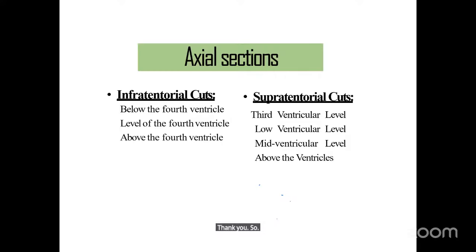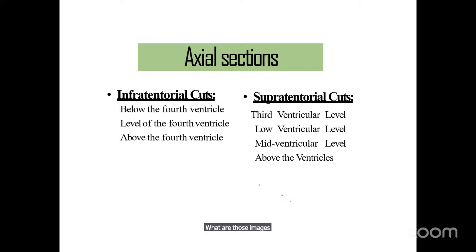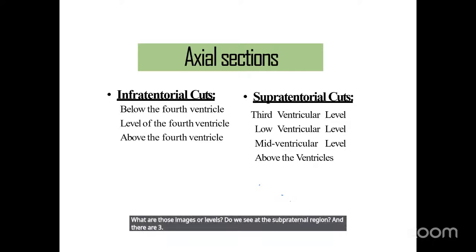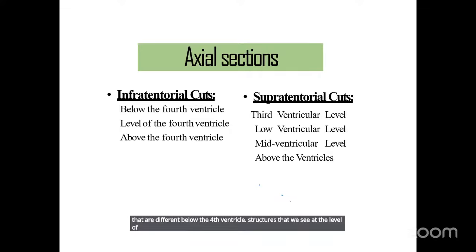So the systematic way to approach them is, look, we'll be saying, what are those levels or images we see at the level of the infratentorial region? What are those images or levels do we see at the supratentorial region? And there are three. At the infratentorial region, we see structures below the fourth ventricle, structures at the level of the fourth ventricle, structures above the fourth ventricle.